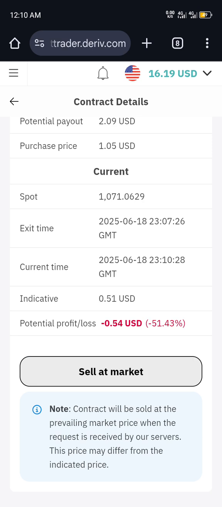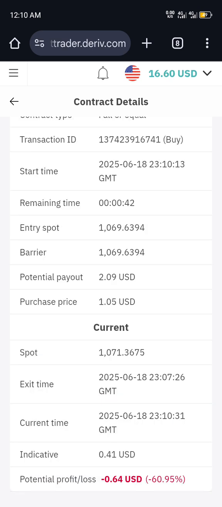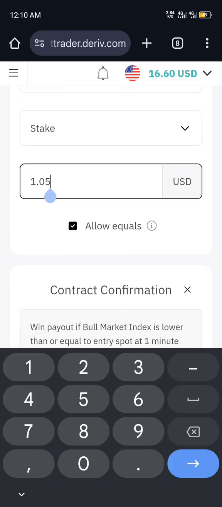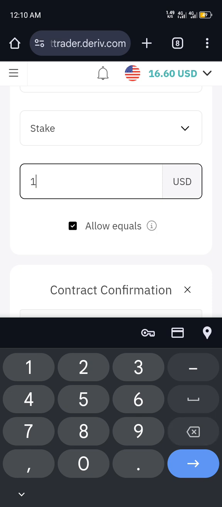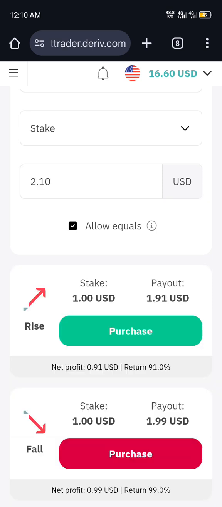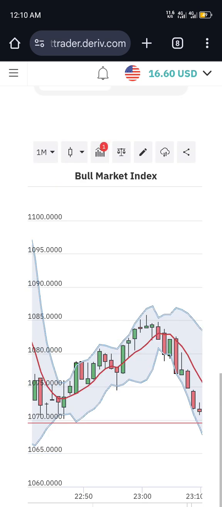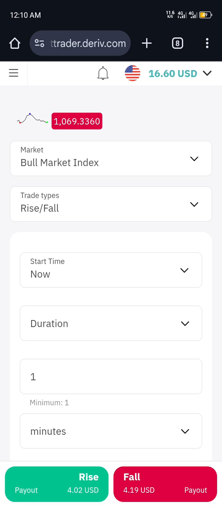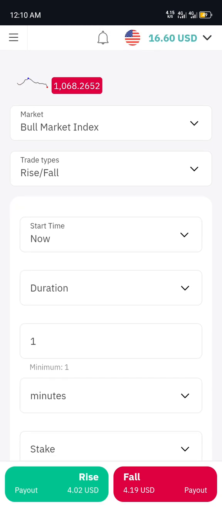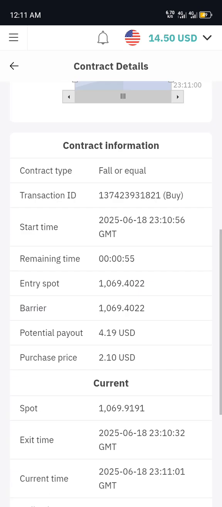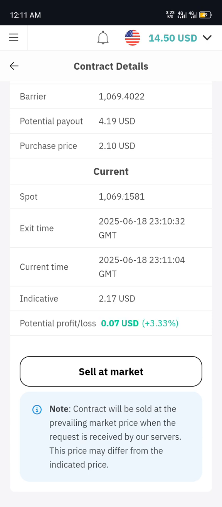I cut it short. It's supposed to be at 54. I cut it short there and moved to the third stage, which is the $2.10. Here the take profit, the stop loss is at 90 cents.